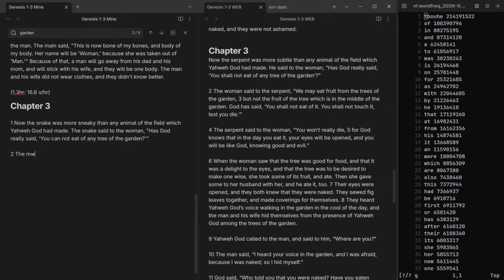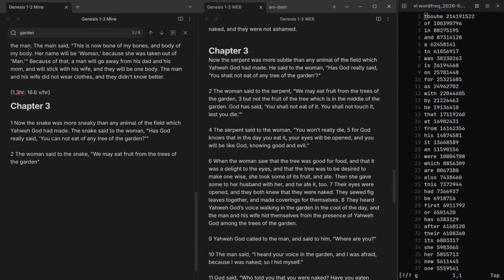The woman said to the snake, we may eat fruit from the trees of the garden. Whoops.